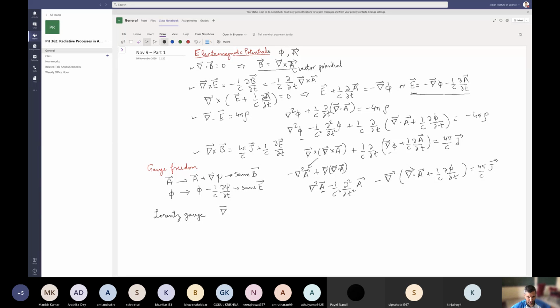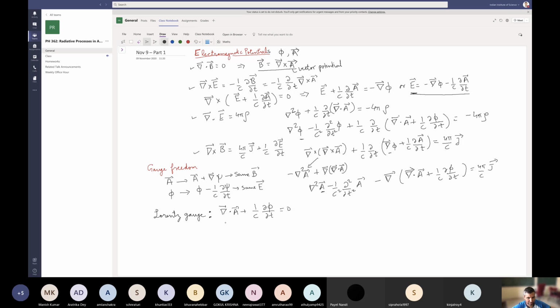So del dot A plus 1 by c dou phi dou t is equal to 0. This is the gauge choice that we make. So we choose psi such that this is satisfied. This gauge is very useful when we are dealing with electromagnetic waves. In other problems, other gauges are more appropriate.